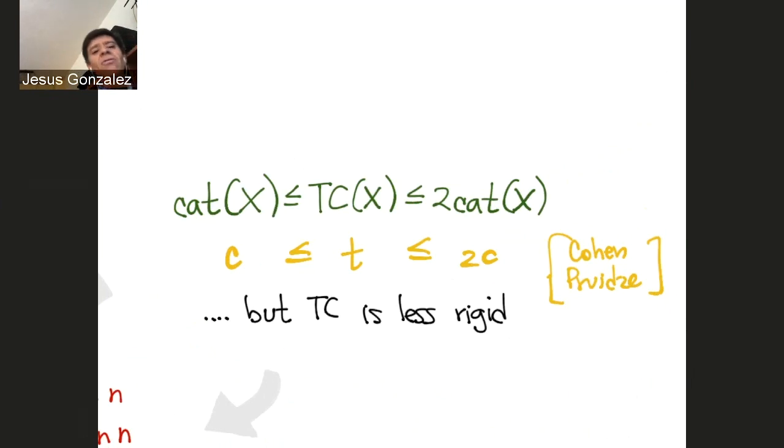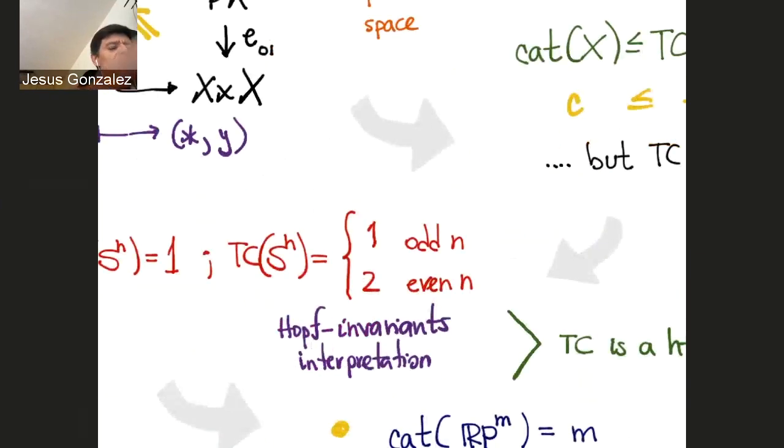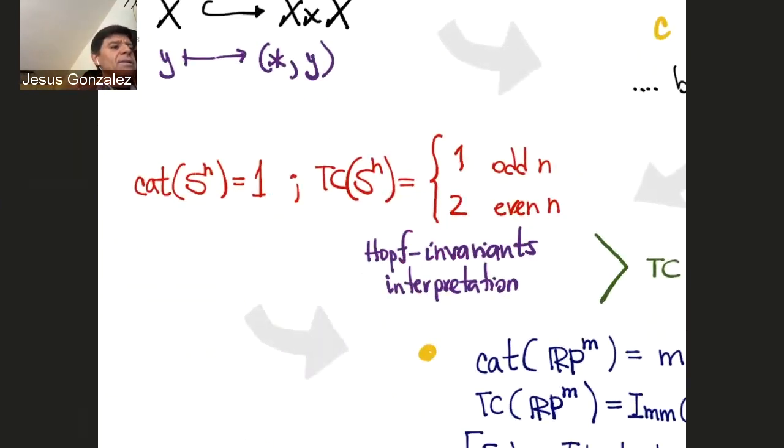Then it is a known fact, which I already heard from Dan Cohen in 2013, that there is always a space X whose category is c and whose topological complexity is T. So in other words, there are a lot of spaces with the same category c and whose topological complexity can take any value that you wanted in advance in between c and 2c. So in a sense, topological complexity is less rigid, and of course it recovers category.